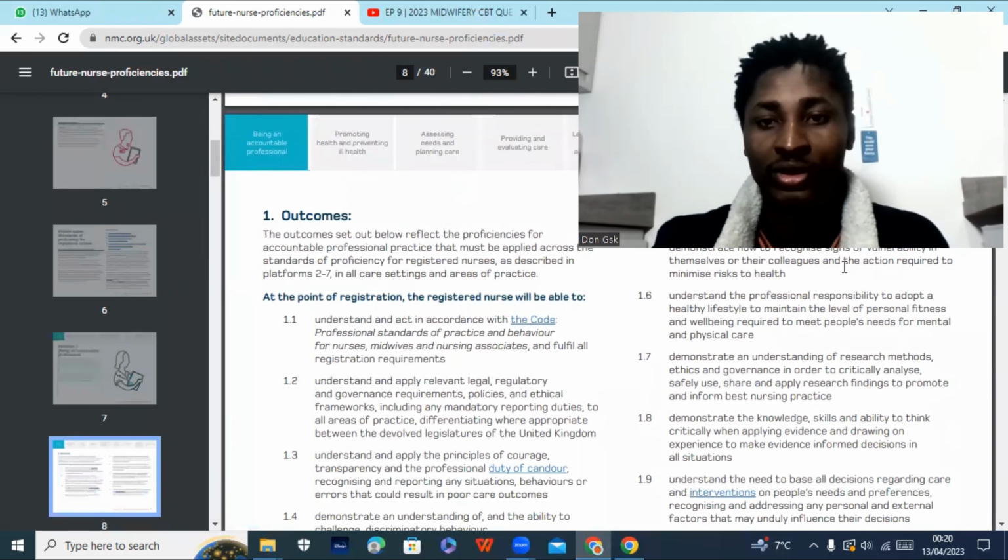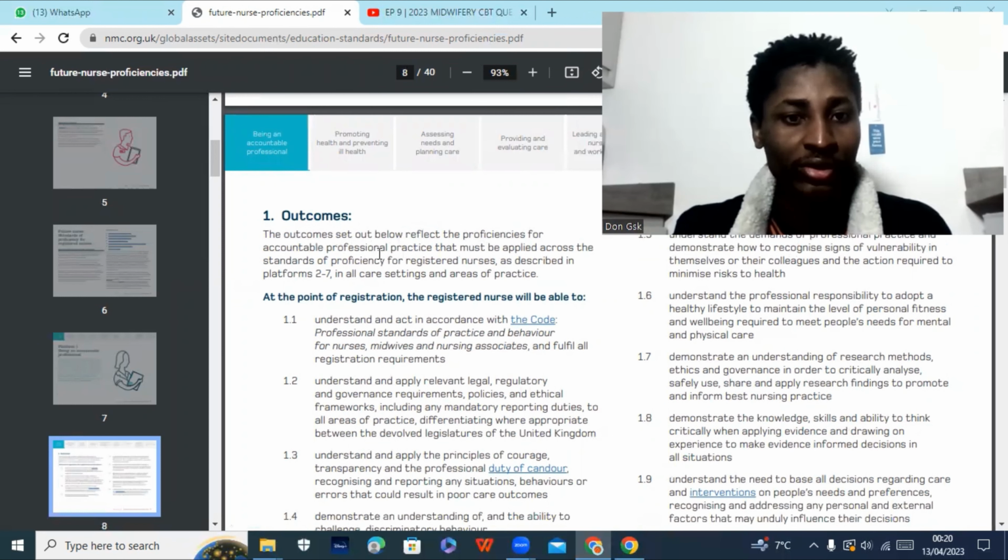So, outcomes. The outcomes set out below reflect the proficiencies for accountable professional practice that must be applied across the standards of proficiency for registered nurses, described in platforms 2 to 7 in all care.